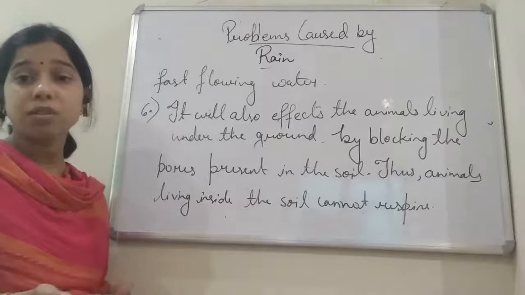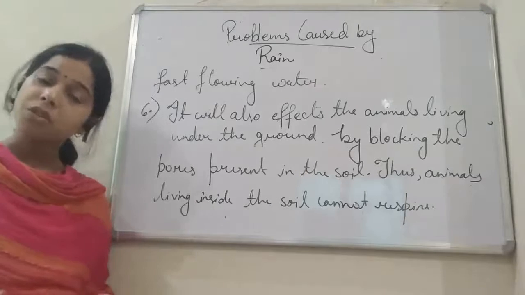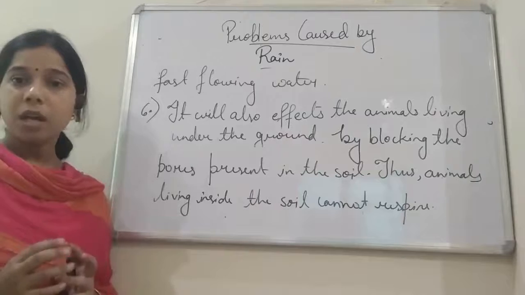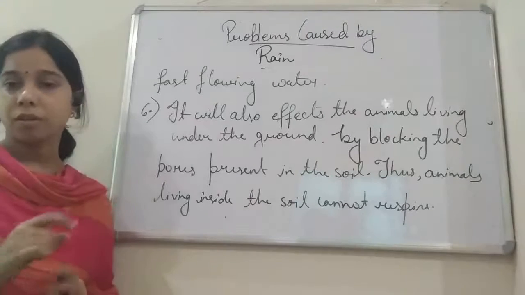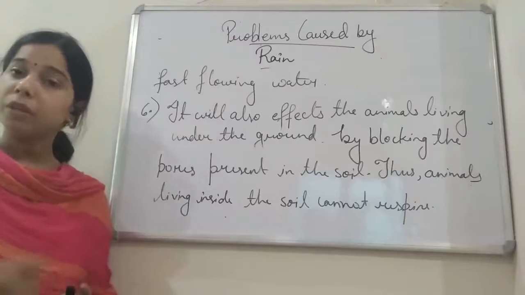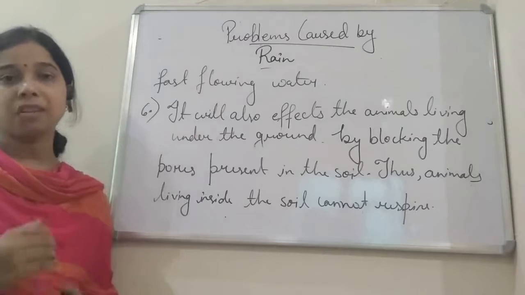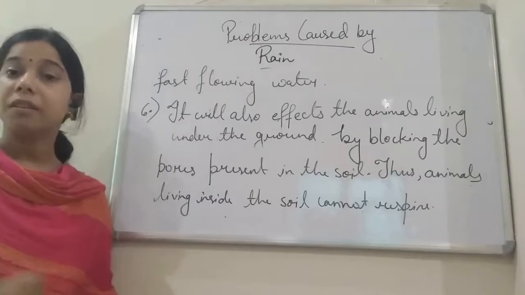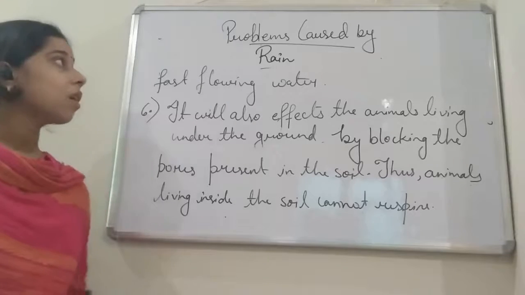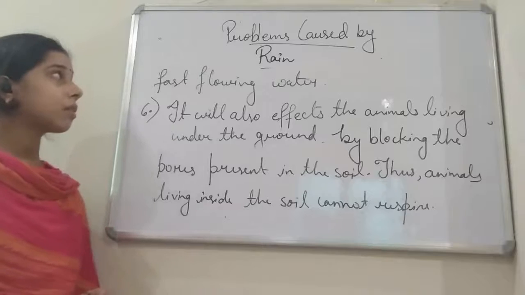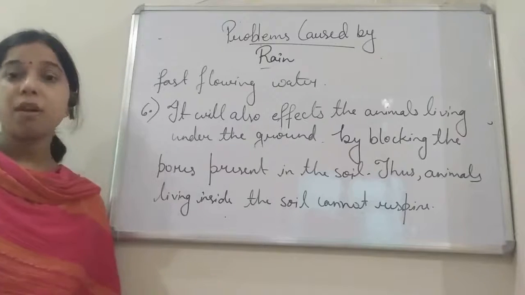So there will be no oxygen, and if there is no oxygen, they will die. Okay, so the small pores present underground in the soil will be filled with water, which leads to the death of the animals living inside the soil, students. Okay, so this is the consequences or the problem caused by heavy rain.